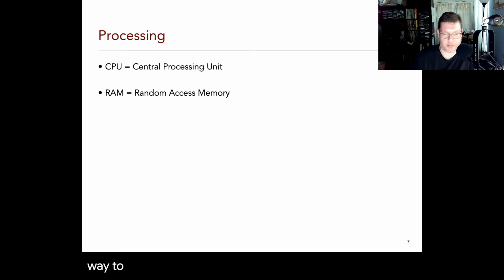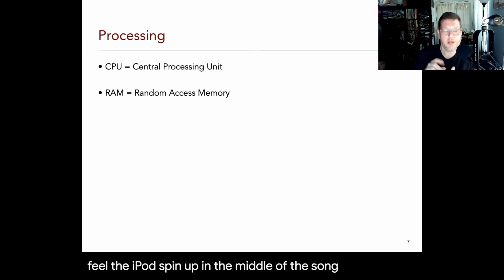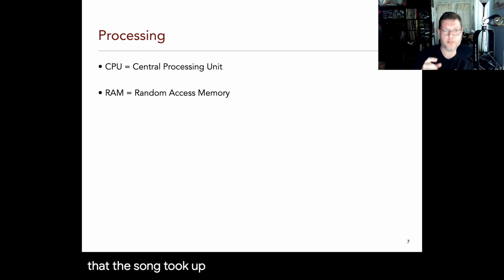A good way to think about it is if you've ever had an old school iPod with the spinning disk drive in it, and you listen to a really long song, sometimes you would feel the iPod spin up in the middle of the song. That meant that the song took up more memory than the RAM in the iPod.